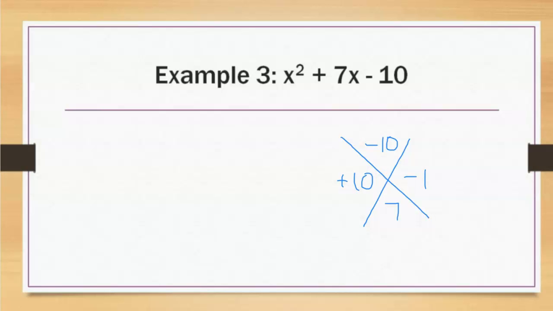So then this is an example of a prime factorization, meaning there are no factors of negative 10 that can sum to positive 7. This is considered a prime factor.